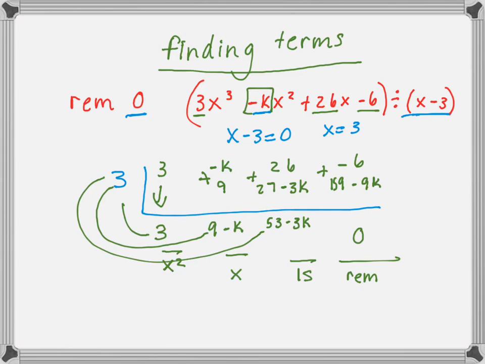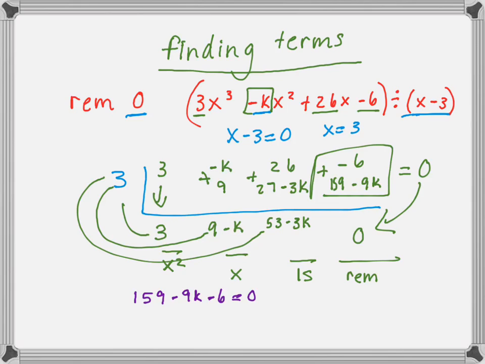And now we know that this added together is going to have to equal 0, because that's our remainder, right? So if we solve for this equation, we get 159 minus 9k minus 6 equals 0, which simplifies to negative 9k plus 153 equals 0, which goes to 153 equals 9k, and k equals 17.